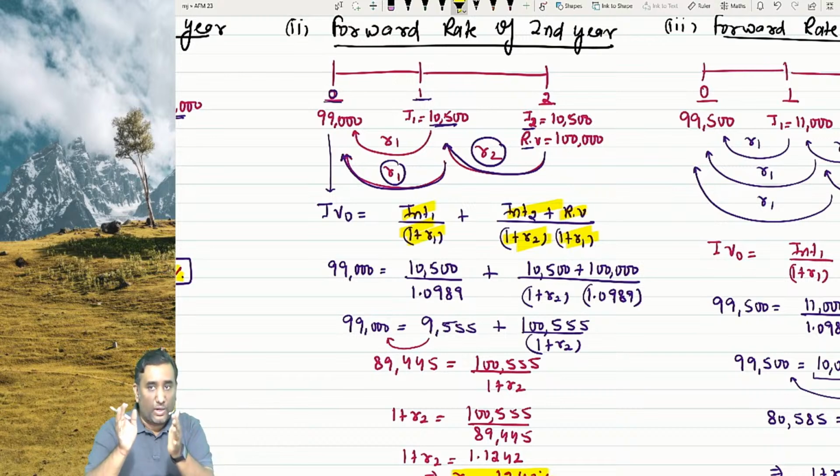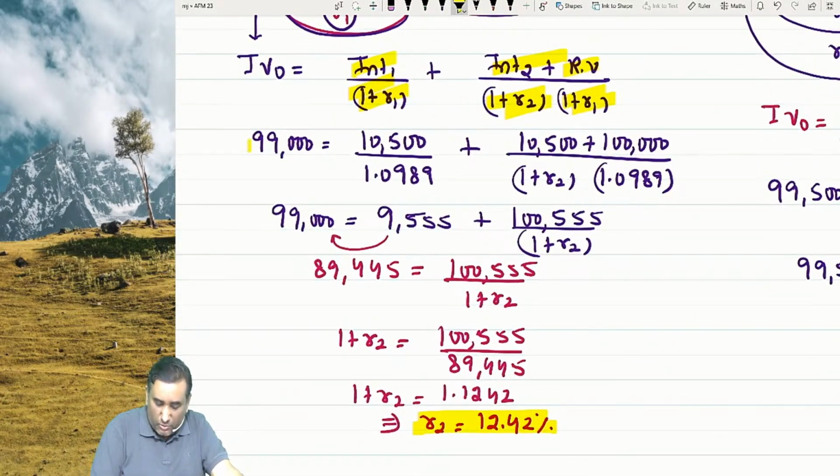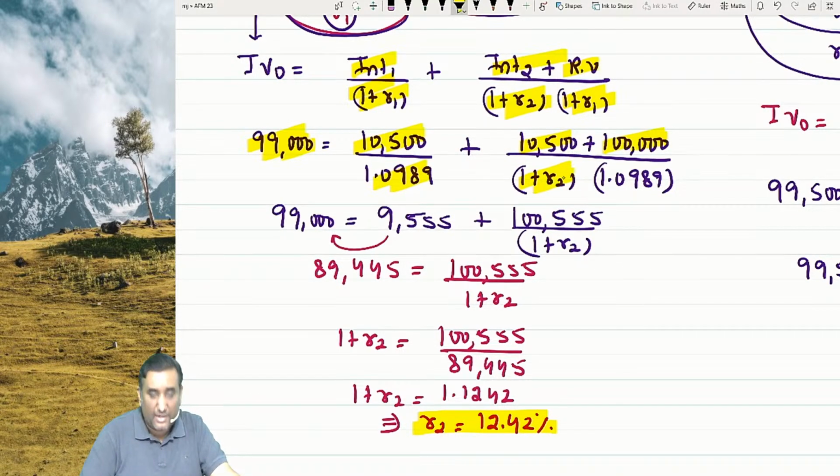But if you do 1 year, you're doing the same thing, it's 0.909 into 0.909. Since the r1 r2 are changing, accordingly things are changing, and then using that you can calculate. For example, today value was 99,000, first year interest by r1, second year interest plus redemption value 1 plus r2, this will bring to 0 or 1 year, and 1 to 0 will be this part.